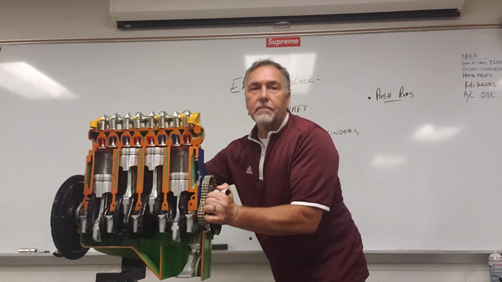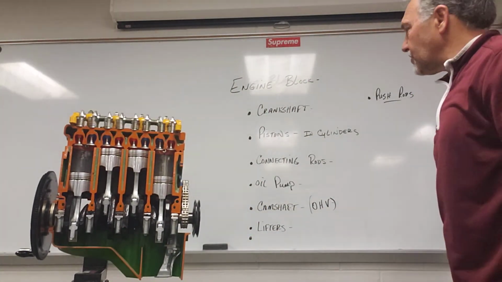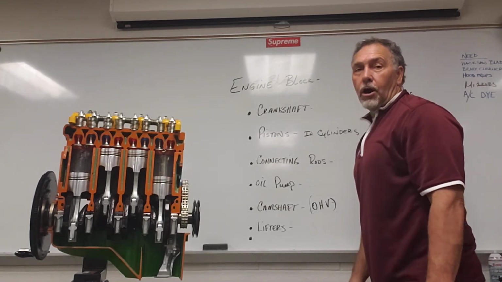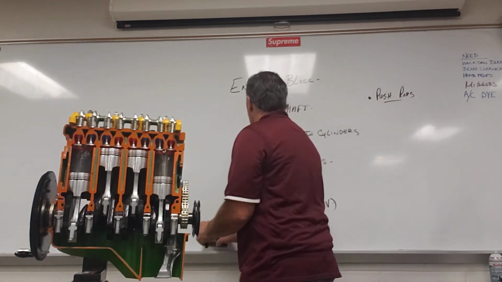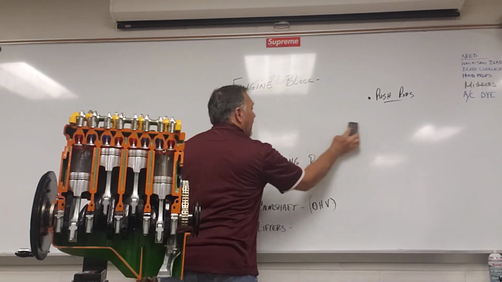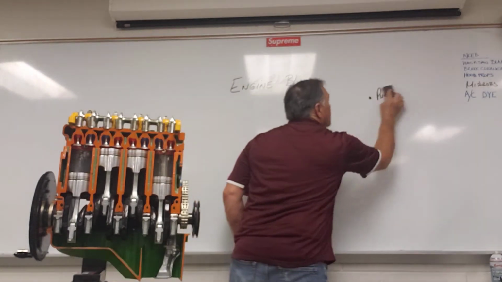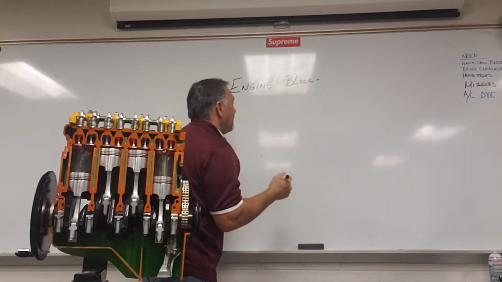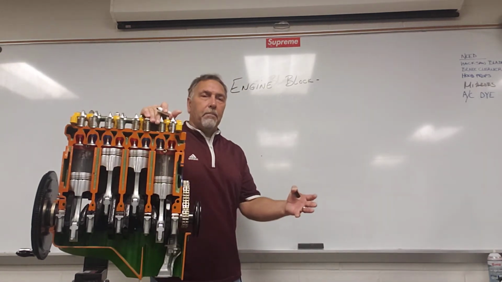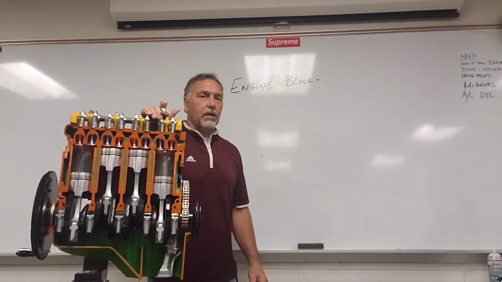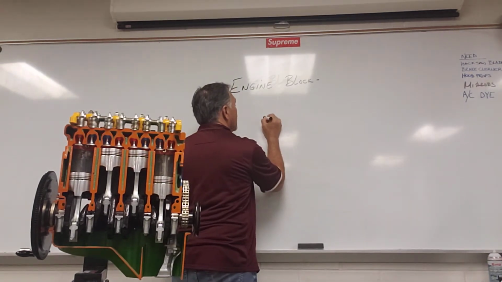Okay, the last little bit that we're going to talk about today as far as the engine block goes are bearing journals. I'll do a video where we take an engine apart and take a close look at the bearing journals and the crankshaft bearings.